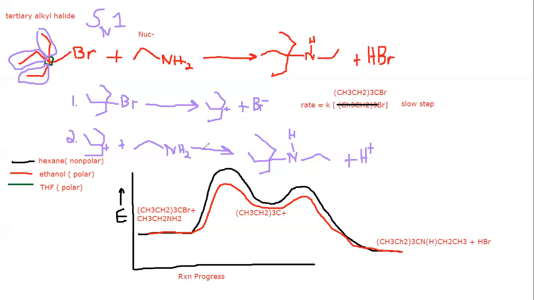So now if we draw the curve, we see that THF would have a higher activation energy than, say, using ethanol, for example, but it would still be lower than hexane.